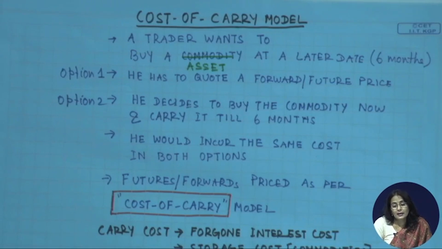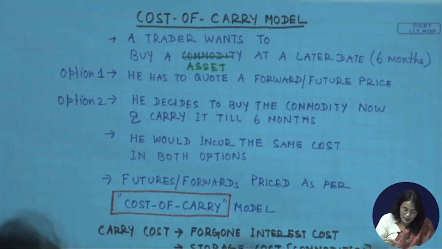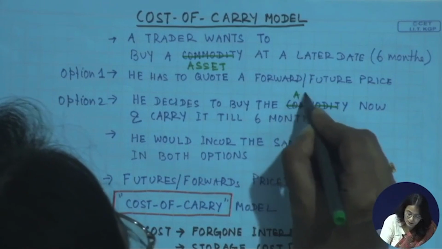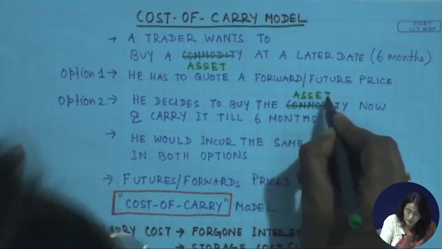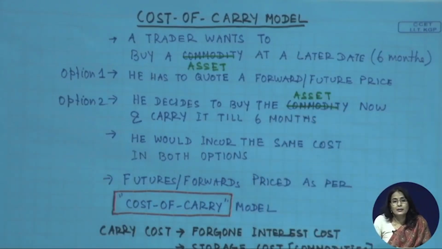He can enter into a forward or a futures contract, or he can buy the asset now and carry it till 6 months. So he has two options.